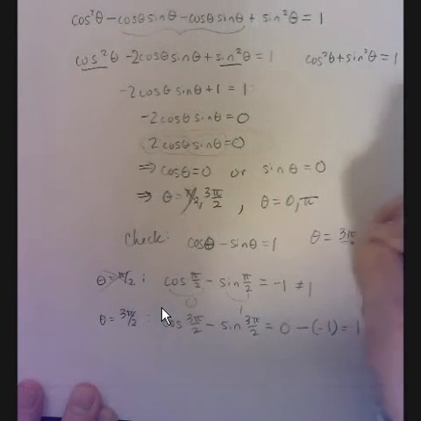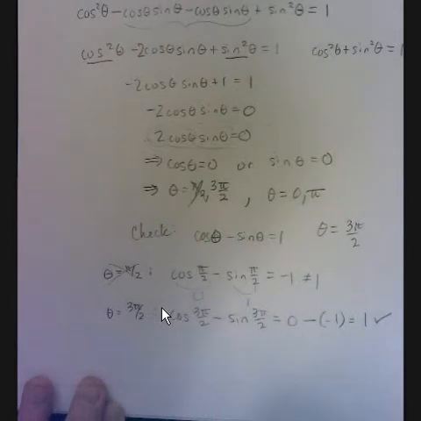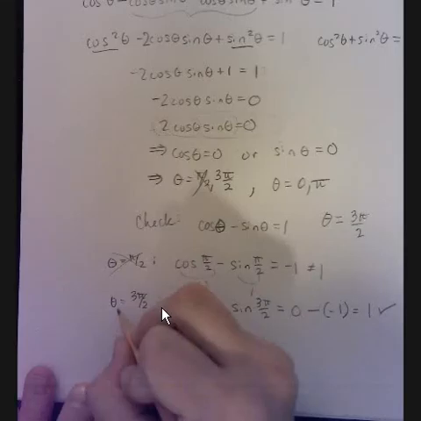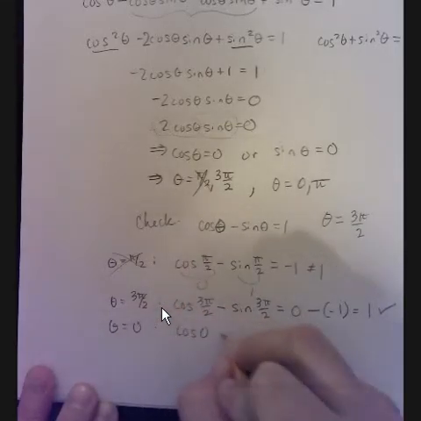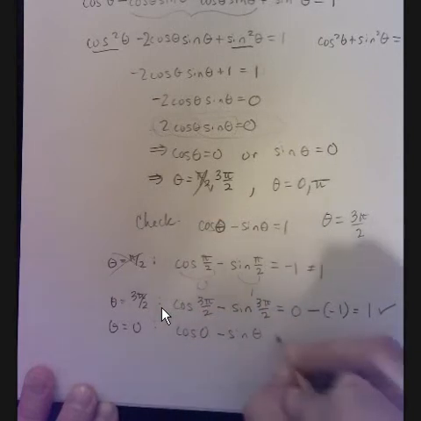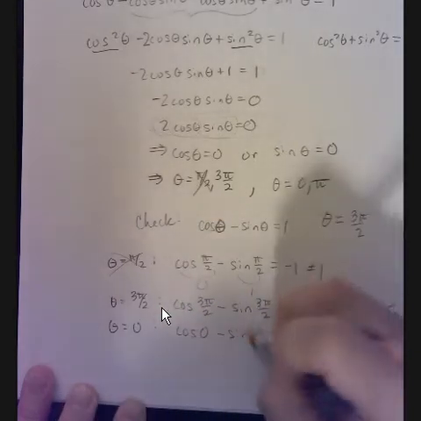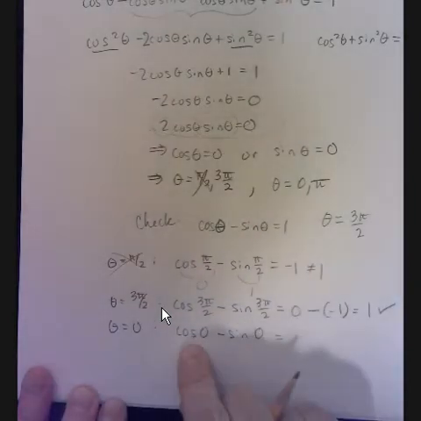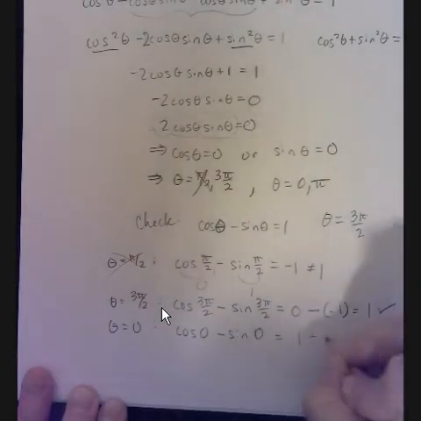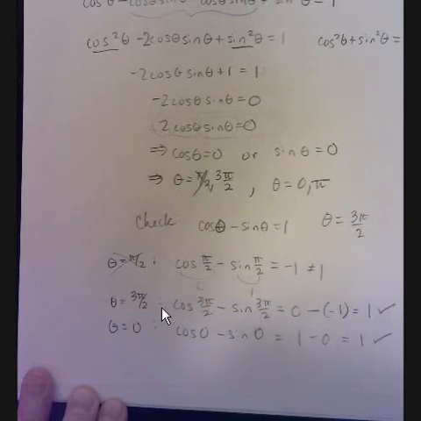So 3 pi over 2 works. Let's check 0. Cosine of 0 minus sine of 0. I wrote theta instead of 0; I'm used to writing theta. Cosine of 0 is 1. Sine of 0 is 0. That equals 1. That one works. So 0 works.